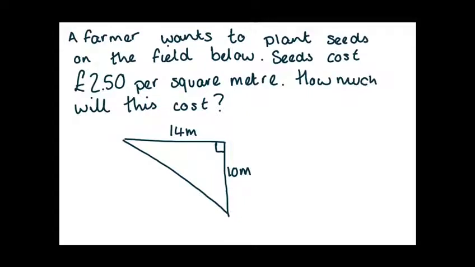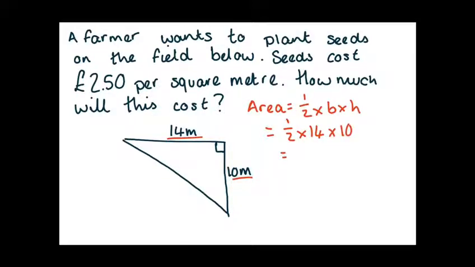So we're going to say area equals, and we've got our base and our height as 14 and 10. So we can say half times base times height. That gives us half times 14 times 10, which is 70 metres squared.